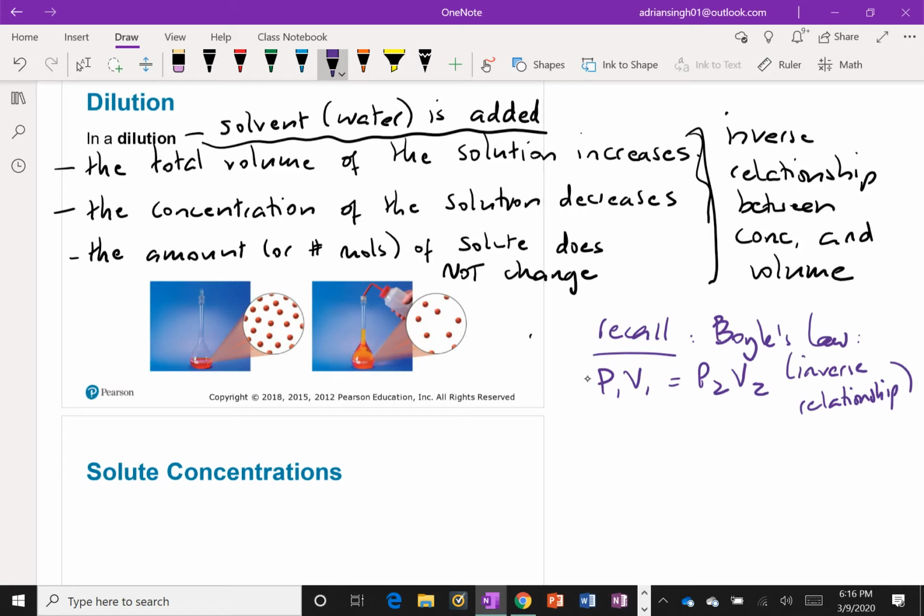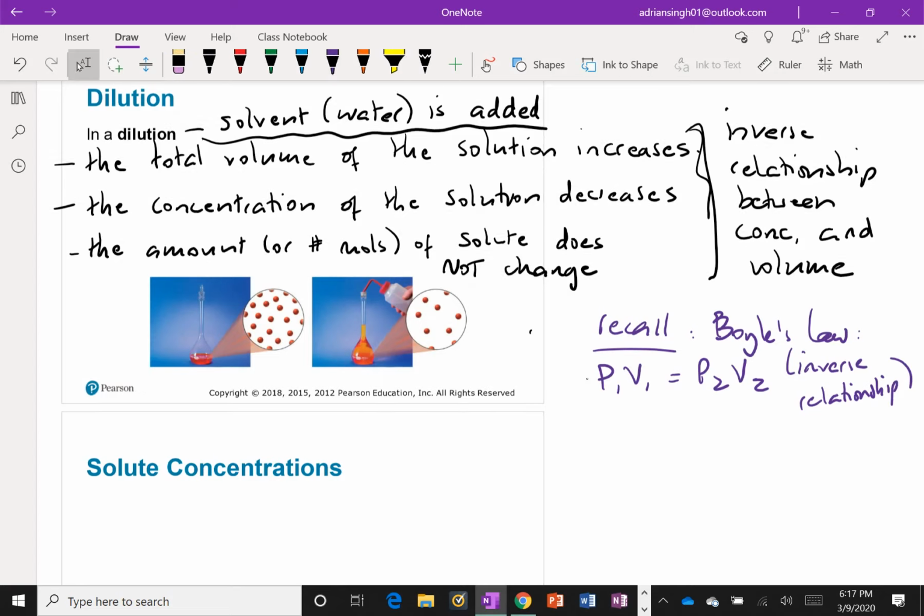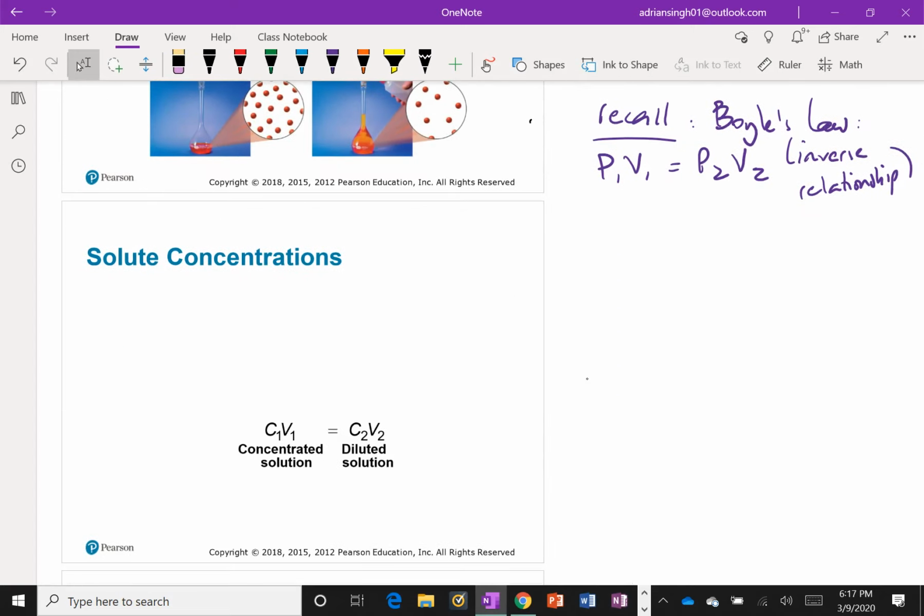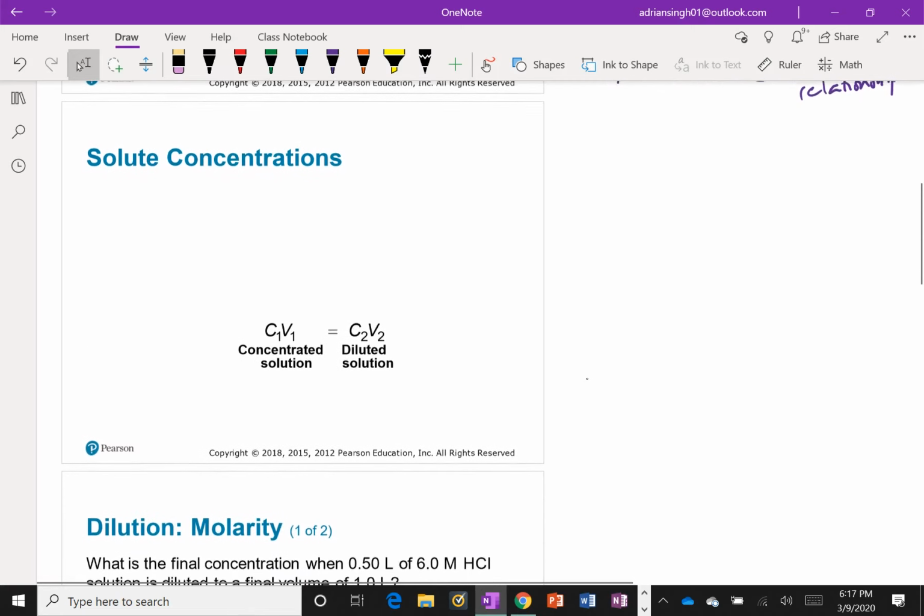So if the relationship between concentration and volume is the same, meaning an inverse relationship, we would expect that relationship to be expressed similarly to Boyle's law. It should look the same. And it actually does. We can express the dilution equation as follows.